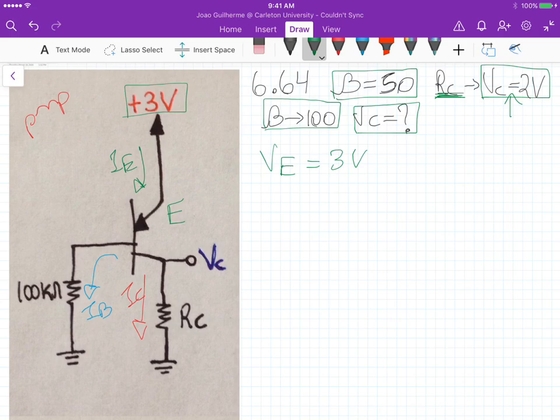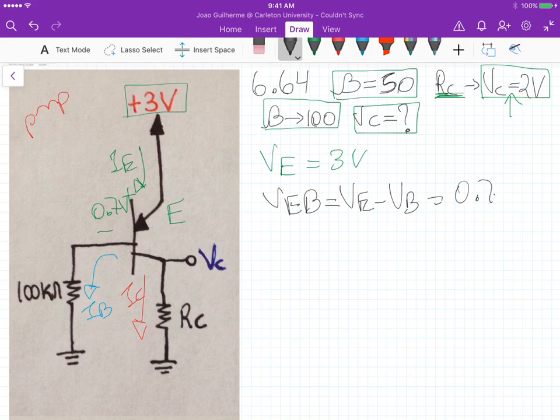Okay, so our first assumption, again, is that it could be operating in the active mode region, and for that we know that the voltage VEB for the PNP, so this voltage here, is 0.7 volts. Let me write it here. VEB is equal to VE minus VB, which is 0.7 volts.